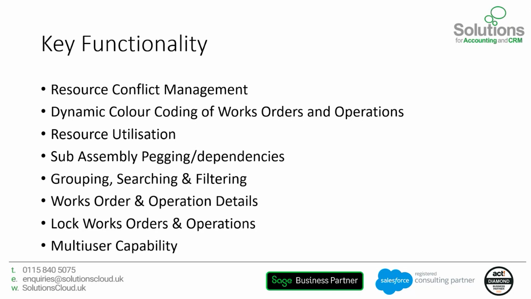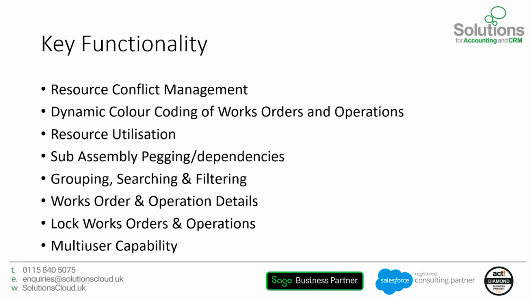Within the graphical scheduler, we'll be able to easily identify the difference between works orders that are going to be completed in advance of their due date, works orders that are going to be late, and warn us on those. And we can also see works orders that are at risk of being late, so things that are finishing just in time against their due date, but might still cause issues.